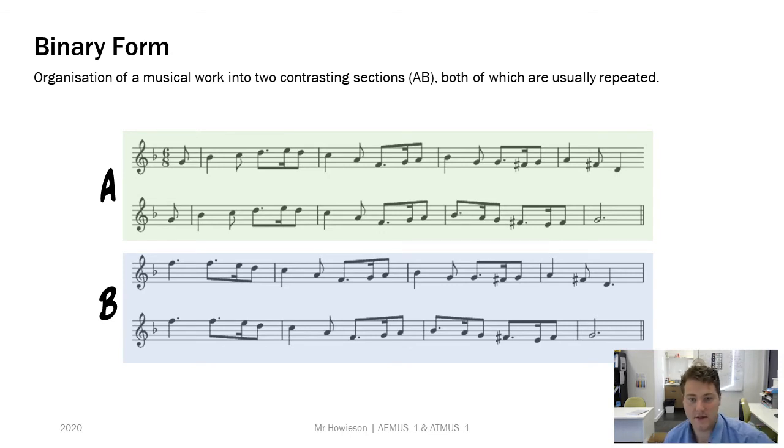And then the third and the fourth lines have again similar melodic material to each other, but different from the beginning. So we'd call that green box at the top A, and the blue box underneath B, because they've got quite different melodic materials. So binary, bi meaning two, form is something with two different sections in it.